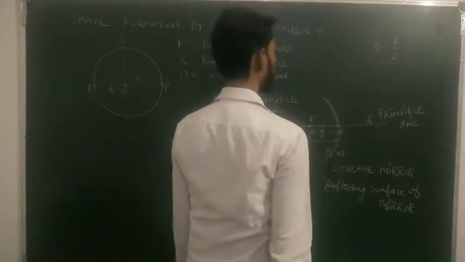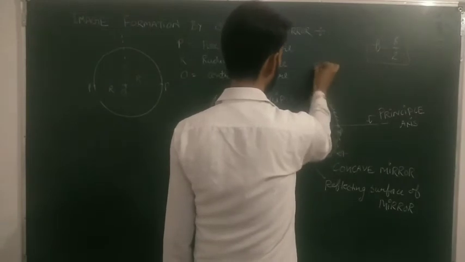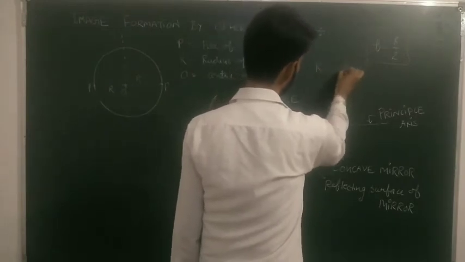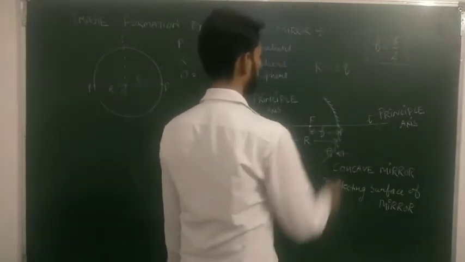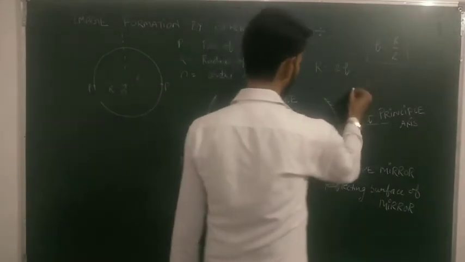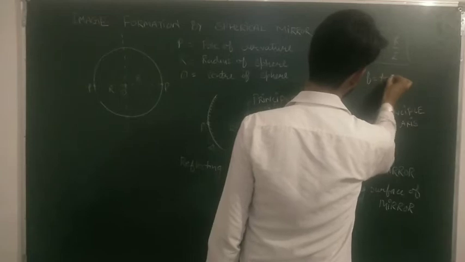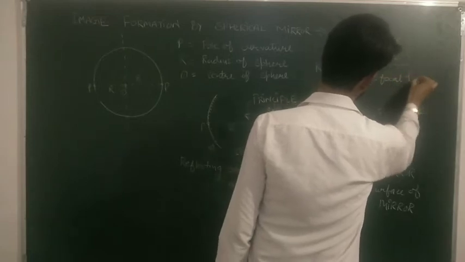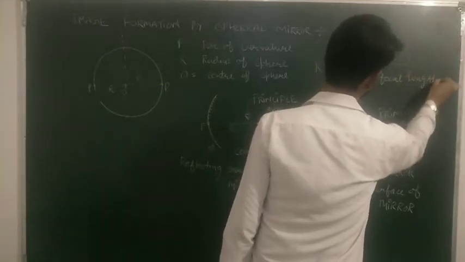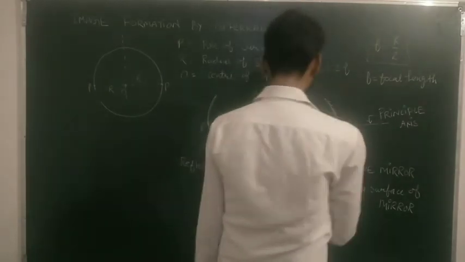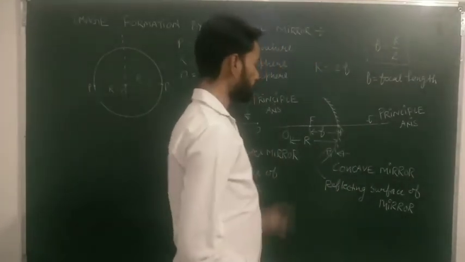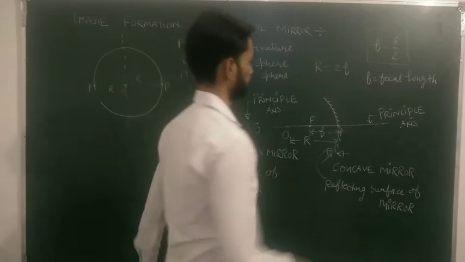We use this relation: R is equal to 2 into F. What is F? F is the focal length. And R is the radius of curvature.